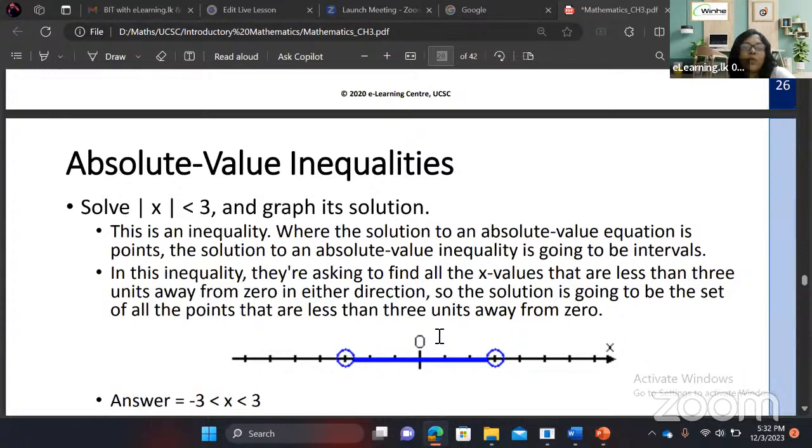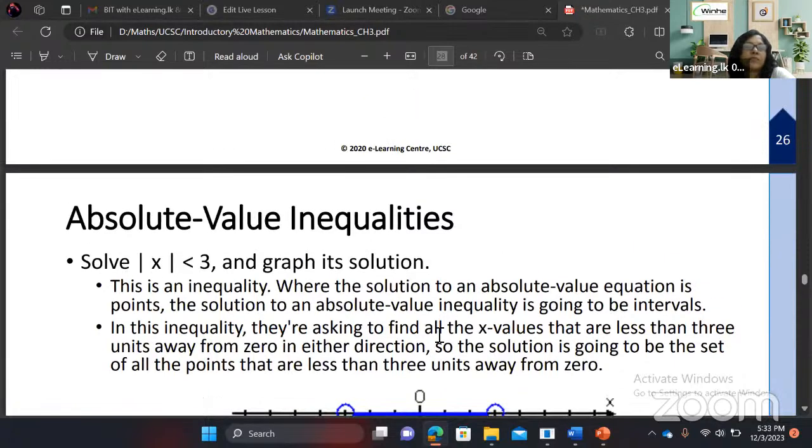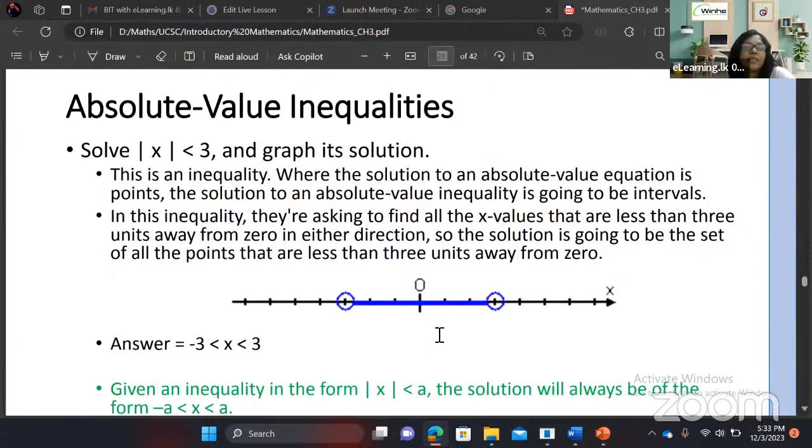Now we will look at the absolute value. What is meant by absolute values? When representing absolute value, x can be a positive value or a negative value, but if you consider the absolute value, you get only the positive value.